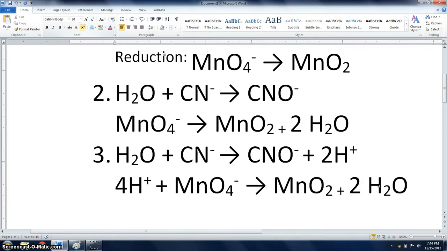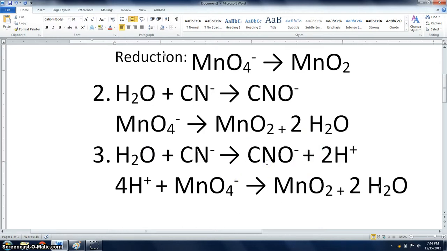And now our next step is going to be to balance the charges on each side by adding electrons. So here our H2O is neutral and our CN is -1. And over here we have an overall charge of +1.